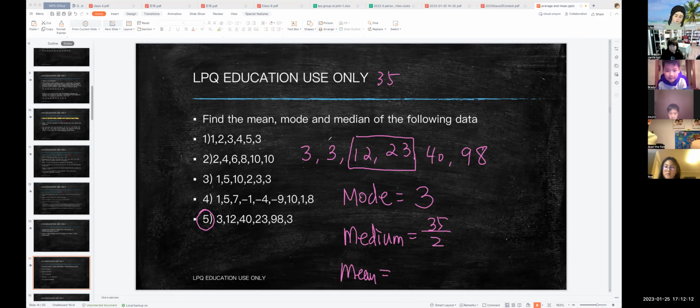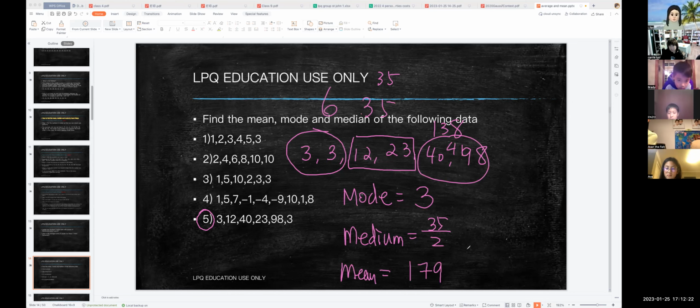So first we need to add them together. So 6 + 35 + 138 + 41, so it's 179. 179 divided by what? 1, 2, 3, 4, 5, 6. Okay, so this looks not a very friendly answer, right?